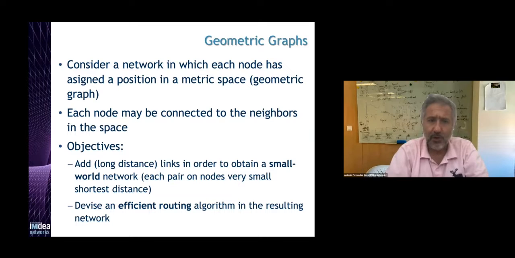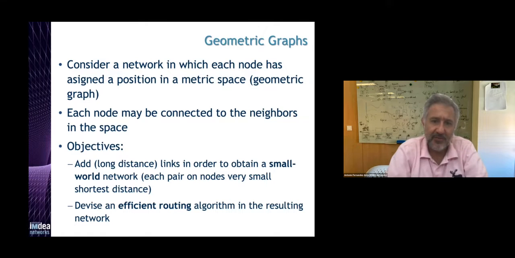And what we want is to add links. If there are already neighbors, short distance neighbors, probably there will be long distance links, or in general, there could be any link to this collection of nodes based on the geometric positions, in order to have a network that has small world properties.